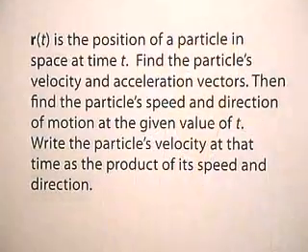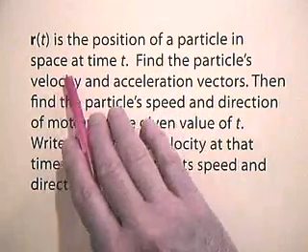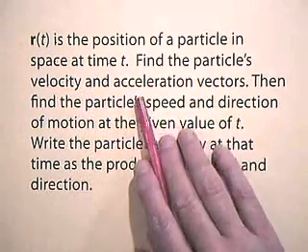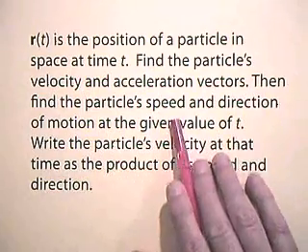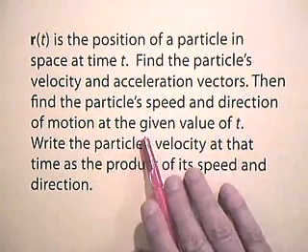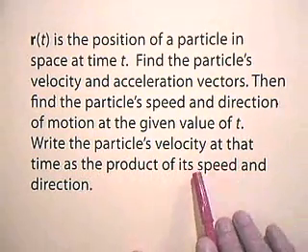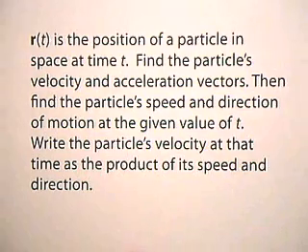Well, let's find velocity and acceleration for a vector function. r(t) is the position of a particle in space at time t. Find the particle's velocity and acceleration vectors, then find the particle's speed and direction of motion at the given value of t. Write the particle's velocity at that time as the product of its speed and direction.